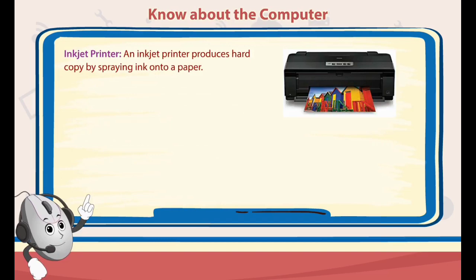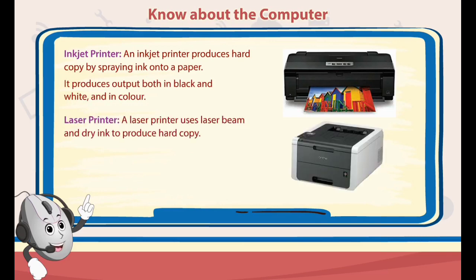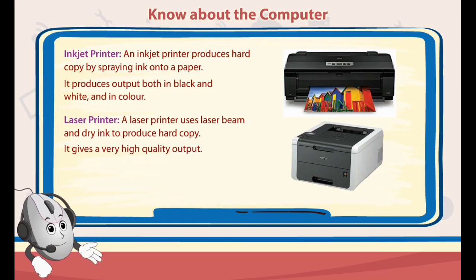Inkjet printer. An inkjet printer produces hard copy by spraying ink onto paper. It produces output both in black and white and in color. Laser printer. A laser printer uses laser beam and dry ink to produce hard copy. It gives a very high quality output.